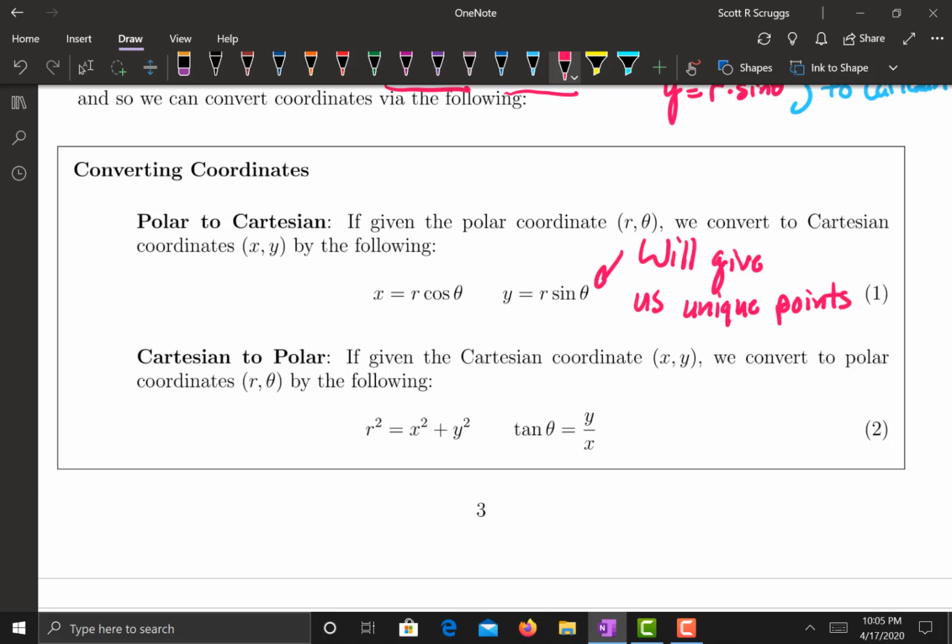Meaning, if I plug in a value for r and a value for theta, I will get a value for that. However, for the Cartesian to polar conversion, it's not unique because of the angular stuff.